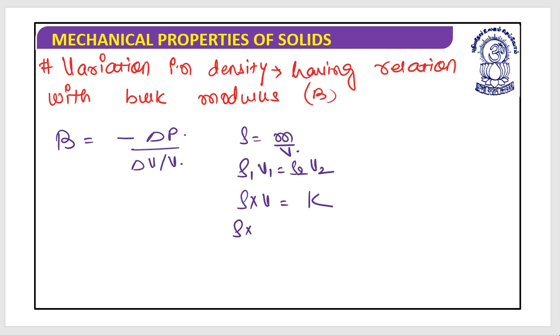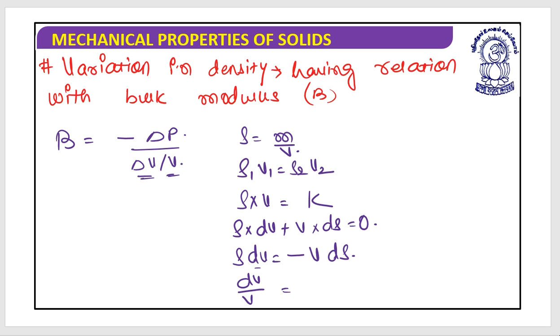So this is rho into dV plus V into d rho, which is equal to 0. So rho dV is equal to minus V into d rho. What I want is dV by V, that is the requirement. dV by V is equal to minus d rho by rho. This is dV by V.